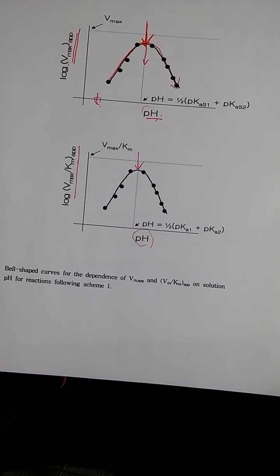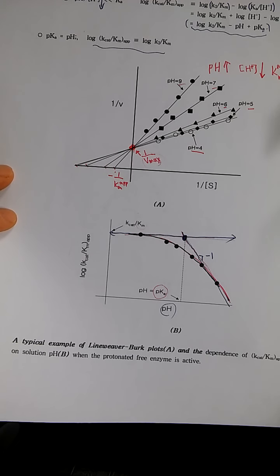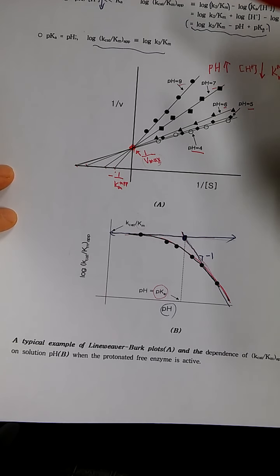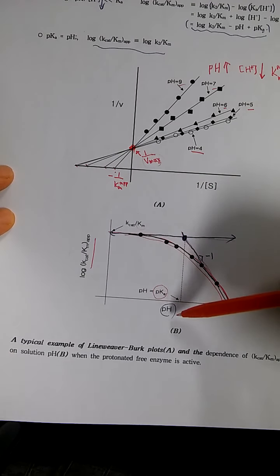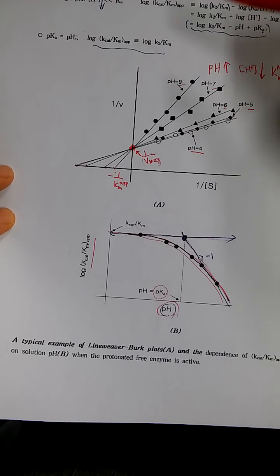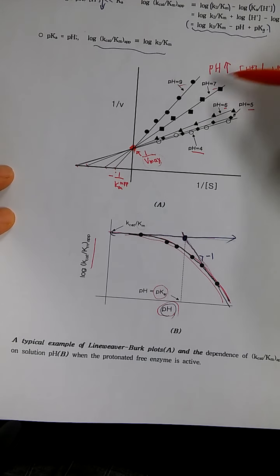Okay, so if I take another example, as you have seen, if the protonated enzyme is active, we can see this pattern for Vmax and Km as a function of pH, but the Vmax value is again independent of solution pH.